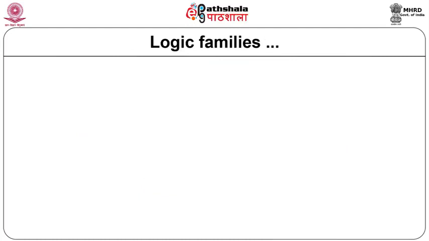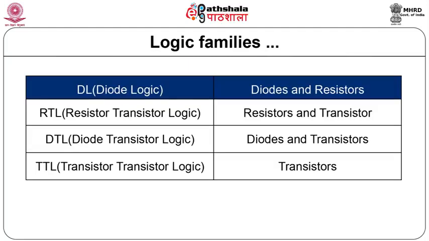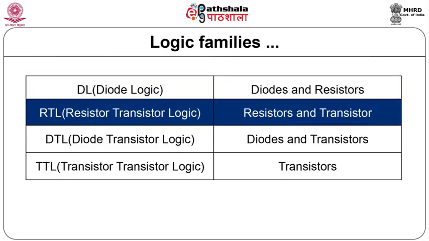Let us see in detail which components are used in different logic families. If one considers DL, that is diode logic, then diodes and resistors are the basic components used in the fabrication. In RTL, resistor transistor logic, resistors and transistors are the basic components which are fabricated.